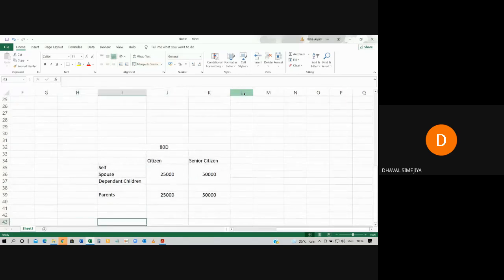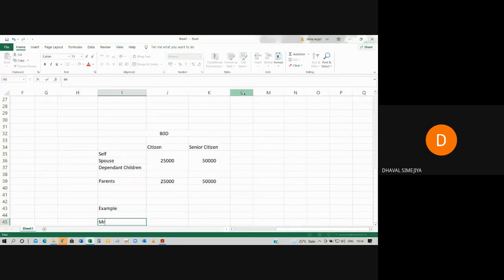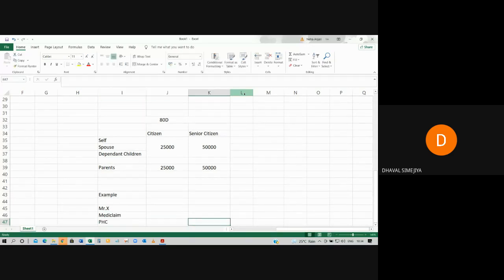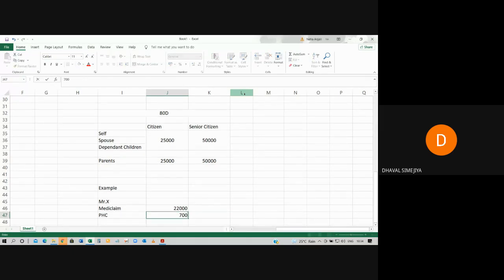Let me give you an example over here. Let's say Mr. X, mediclaim and preventive health checkup. Mediclaim taken 22,000. Preventive health checkup 7,000.